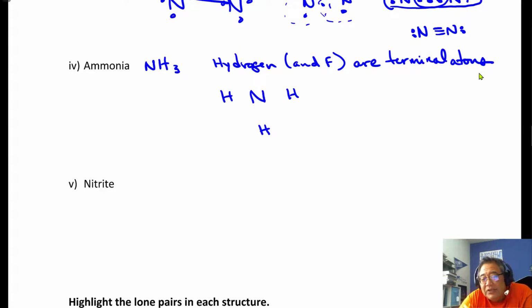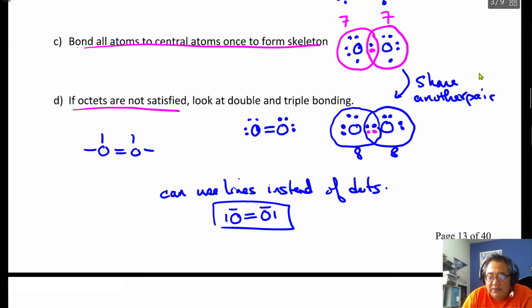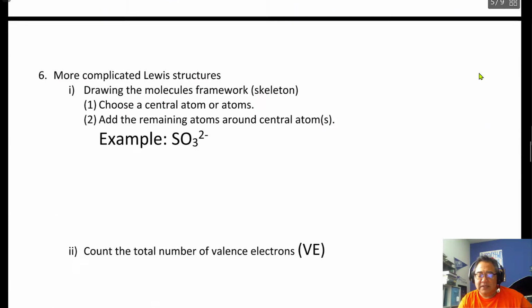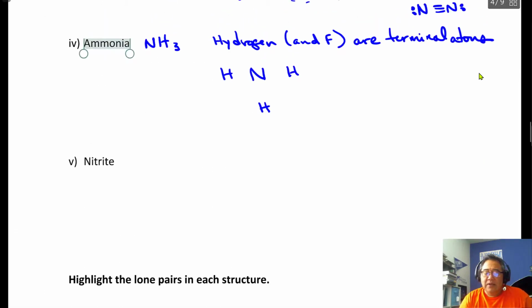Now, each hydrogen, we're going to draw the Lewis dot. So this is what I'm doing. I drew the skeleton. So this is kind of like, decide on a central atom, draw the Lewis dot. I didn't do that, but now we're going to draw the skeleton. So then we'll do the Lewis dots as well. So I'm going to draw a skeleton. It's going to look like this, right? And then hydrogen has 1 dot, and this hydrogen has 1 dot, and this hydrogen has 1 dot, and this nitrogen has 5, because it's in group 5.